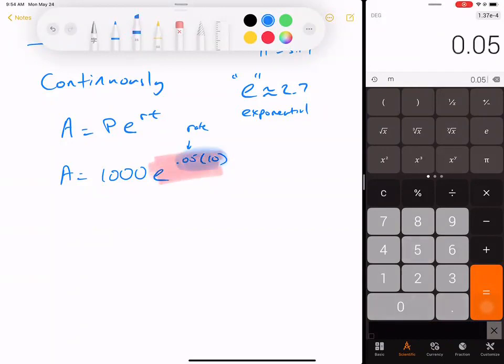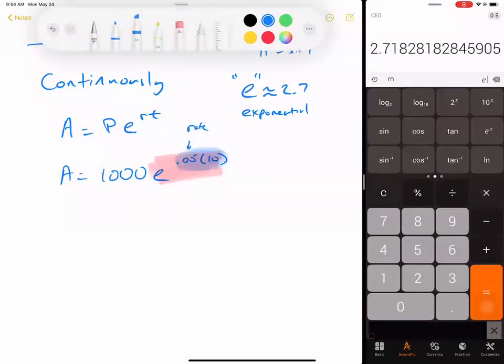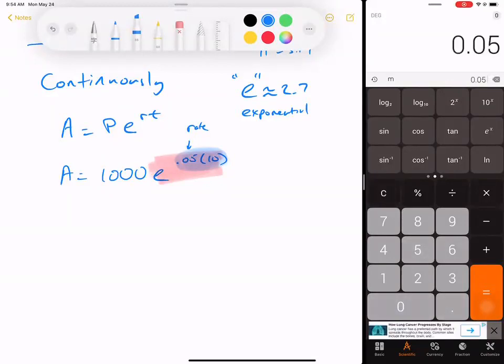So 0.05 times 10. Oh, actually, no, I hit the wrong one, I'm sorry. Different calculators, different things. Okay, 0.05 times 10. And then we're going to use the E to the X button.